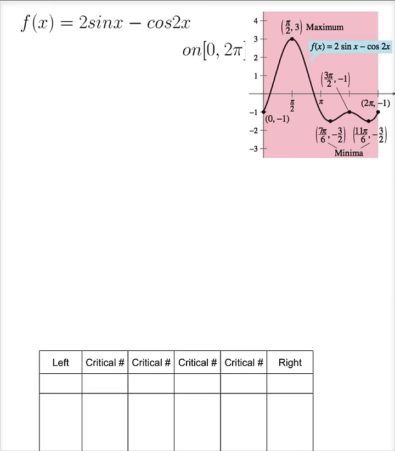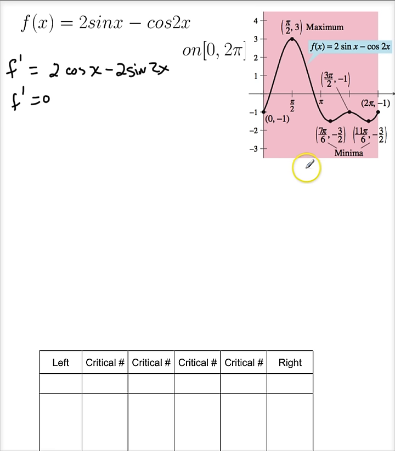Now let's look at f of x as 2 sine x minus cosine 2x. Again, we need to take the first derivative. So this is 2 cosine x minus 2 sine of 2x. Now, f prime equals 0, where? Well, I can't do this explicitly, so I'm going to use a trig identity.